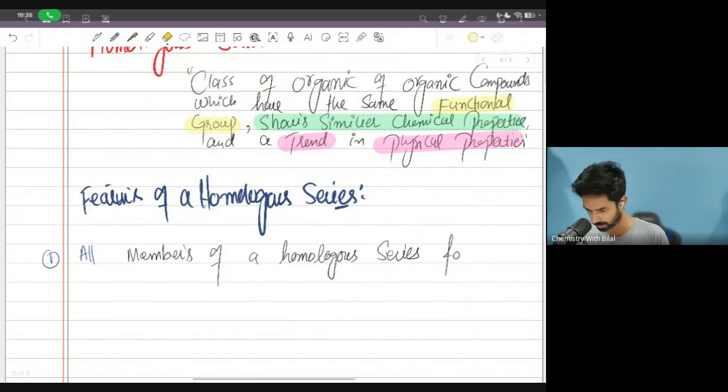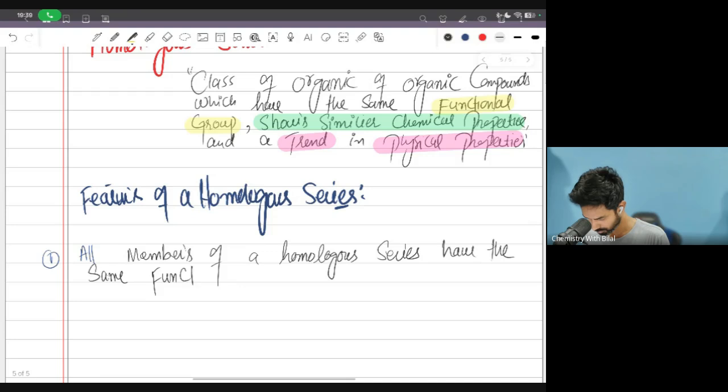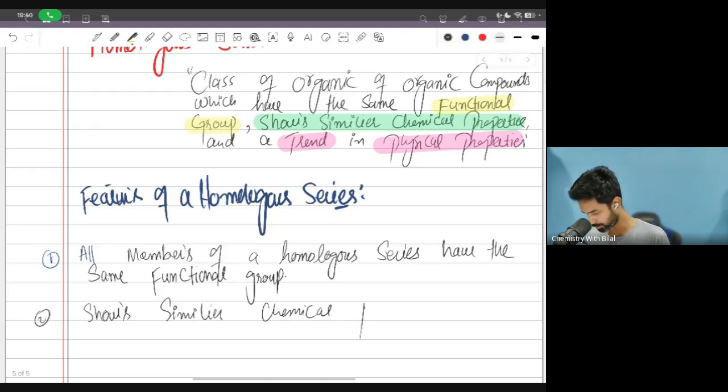Follows या have the same functional group. All members of homologous series have the same functional group. Number 2, all members of homologous series show similar chemical properties because they have the same functional group.